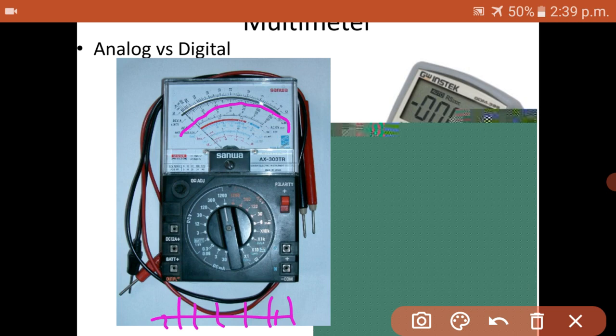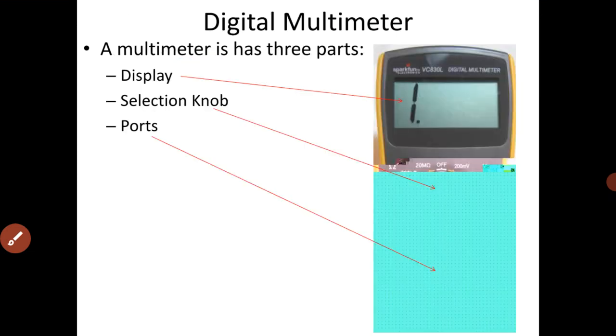Means manually we have to calculate here. But in a digital multimeter, you directly get the readings, means directly the number shown on the screen. These are the two types of multimeters, analog and digital. But nowadays digital multimeters are mostly used.